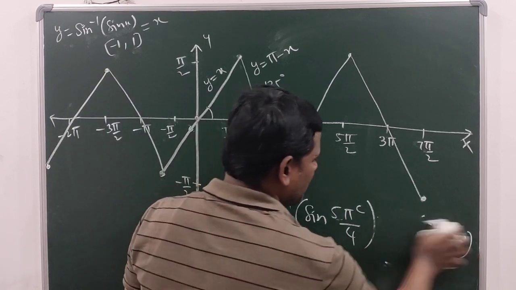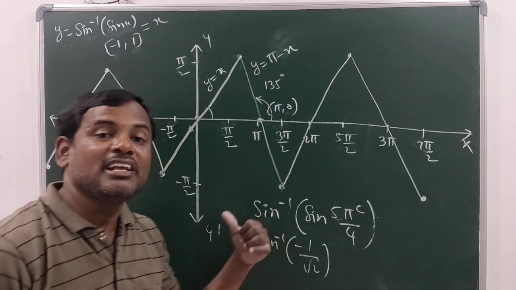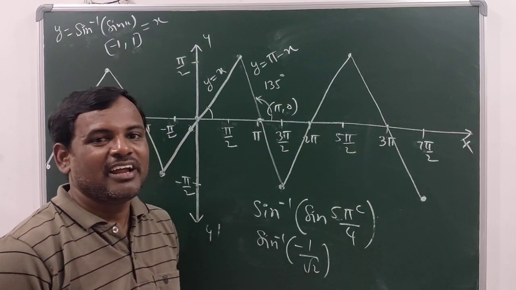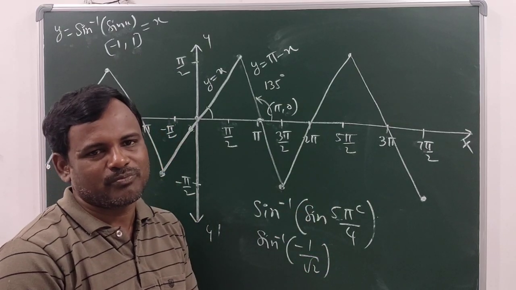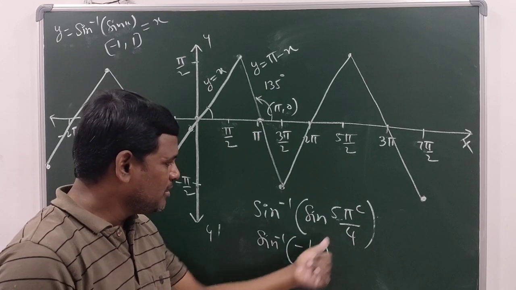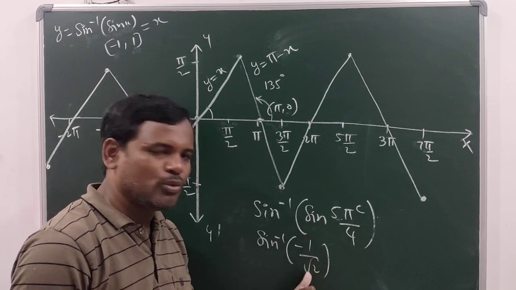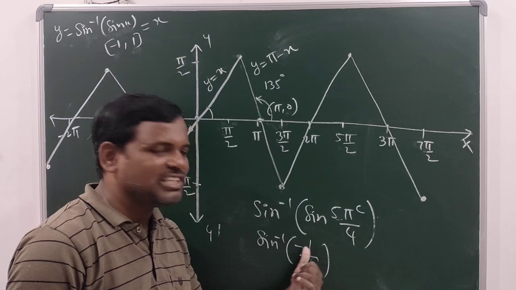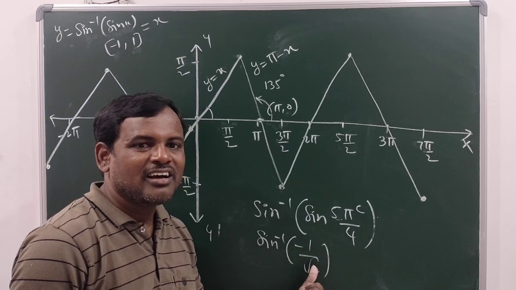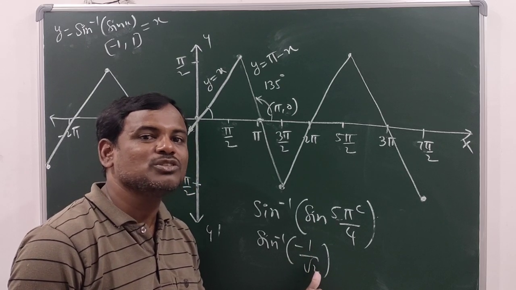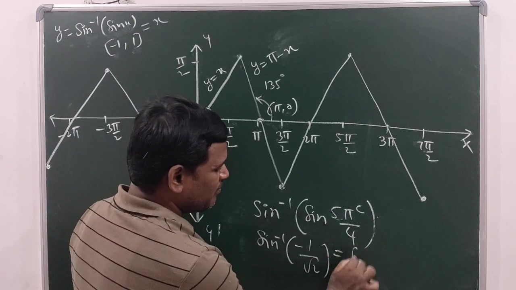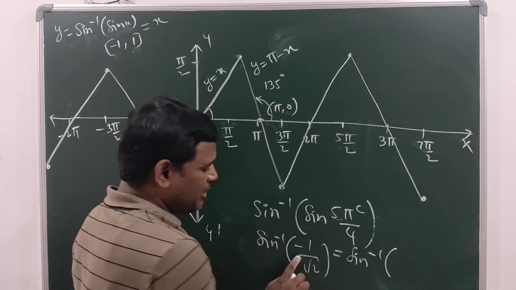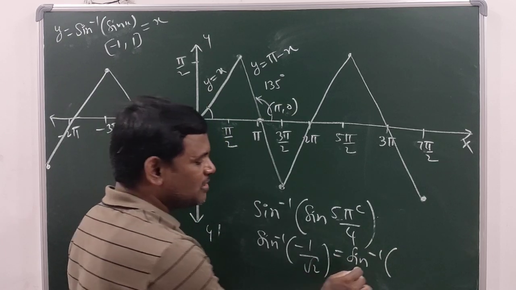So here, in this simplification, you got minus 1 by root 2. This you have to express in terms of sine of an angle which belongs to minus 90 to 90. In minus 90 to 90, at which angle is it going to give minus 1 by root 2?